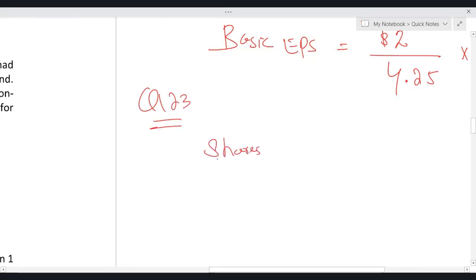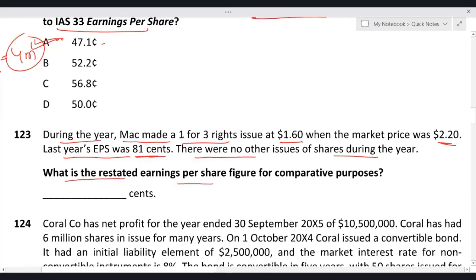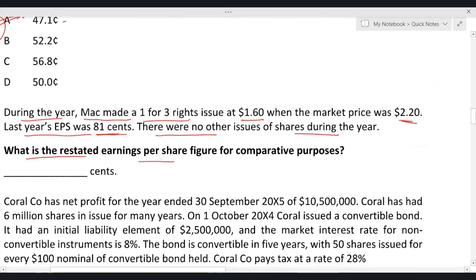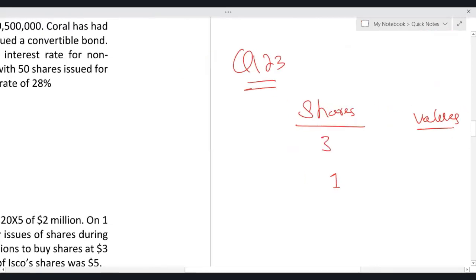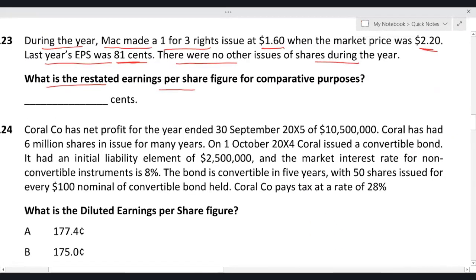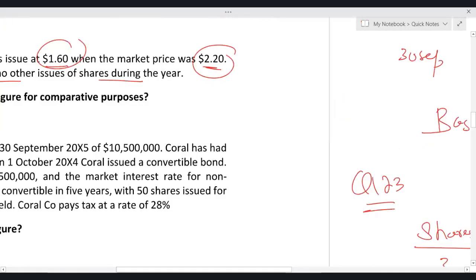Shares, values and total value. So during the year Mac made a 1 for 3 rights issue. So 3 shares, 1 right. Share price before the right is 2.2, the right price is 1.6.